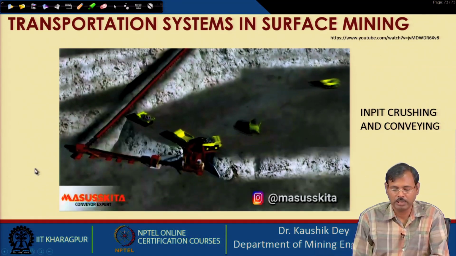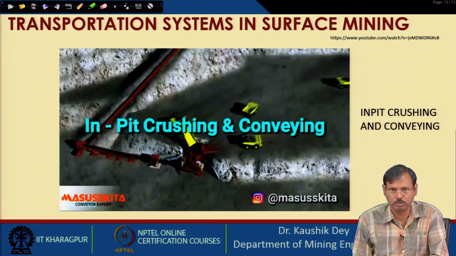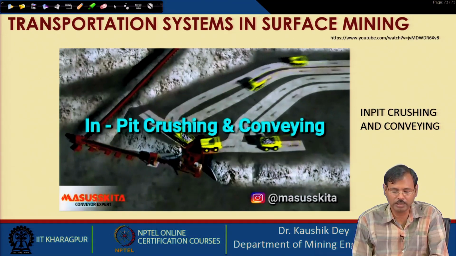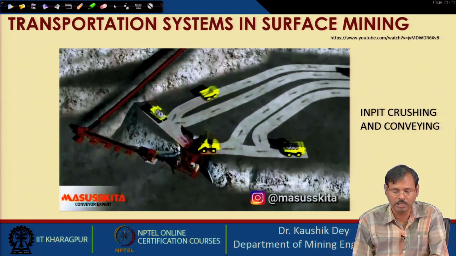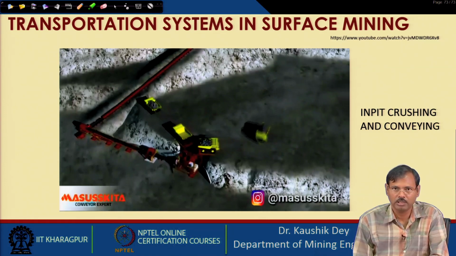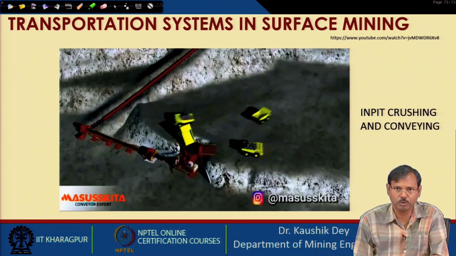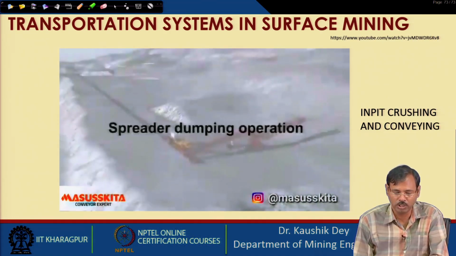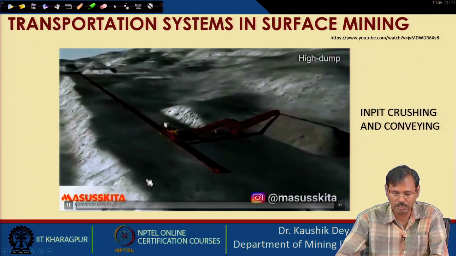This is one arrangement where the blast fragmented rocks are crushed first, to make them a uniform and smaller size so that they can be conveyed after that. So, this is a negotiation between the discrete and continuous systems. A small portion uses the discrete transportation system, but the major portion uses the continuous transportation system, for adjusting the cost.